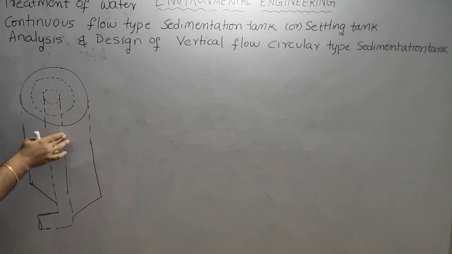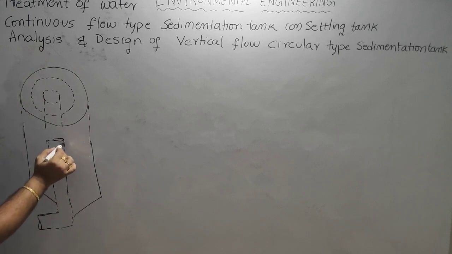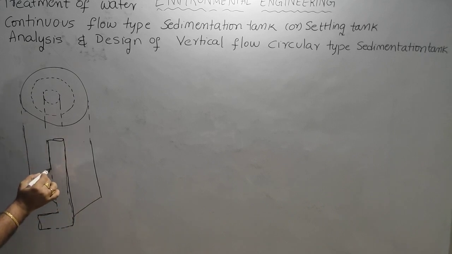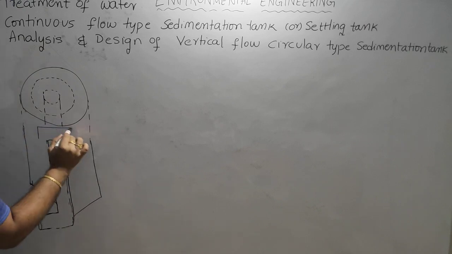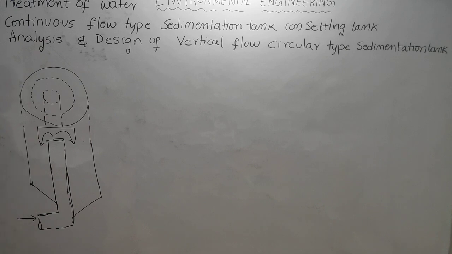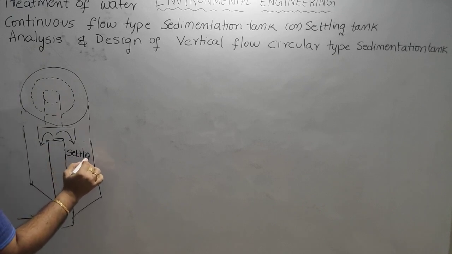This is the inflow pipe, and the water will come out like this. From here the water will enter into the sedimentation tank. This is the settling zone.